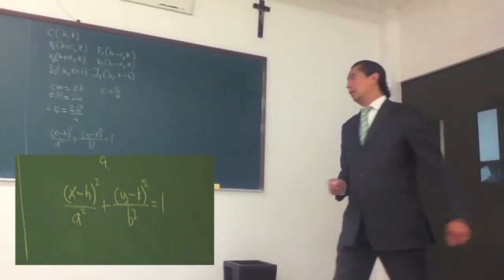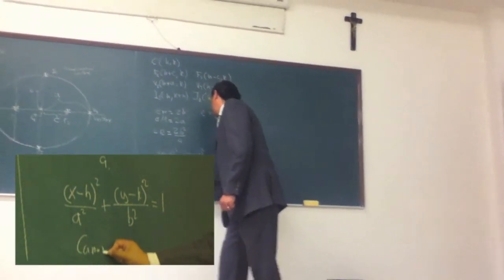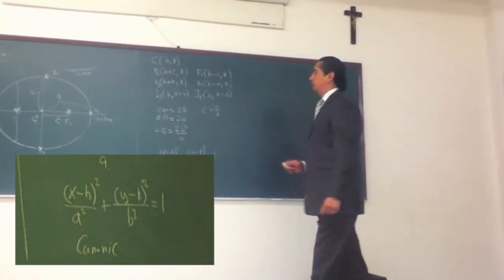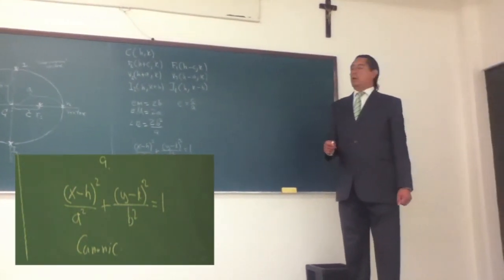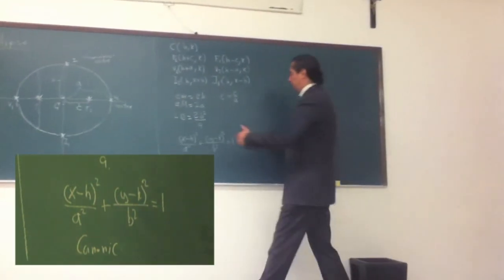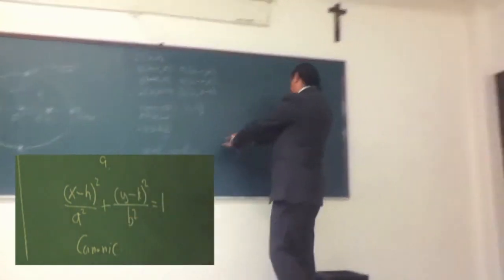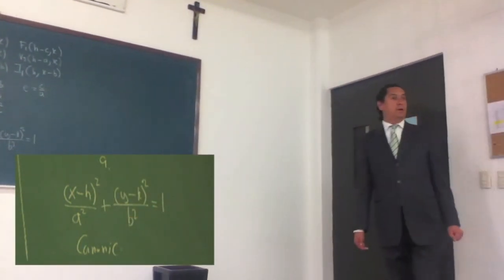This is the canonical equation. If we want the general equation, we only need to do the math, and we have the general equation for the ellipse.